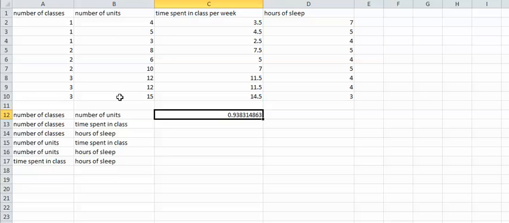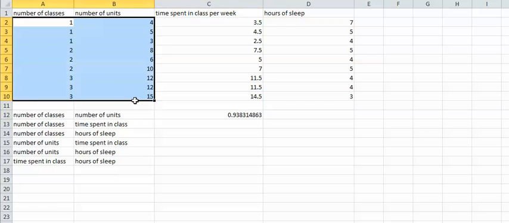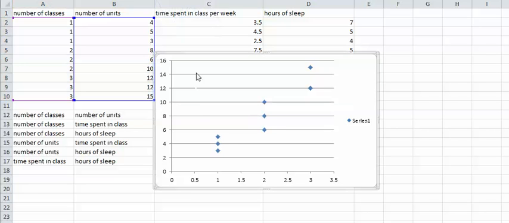It's a really consistent relationship. So if we look at this scatter plot right here, there aren't a lot of dots out here or out here that aren't following the pattern. It's a pretty consistent pattern.